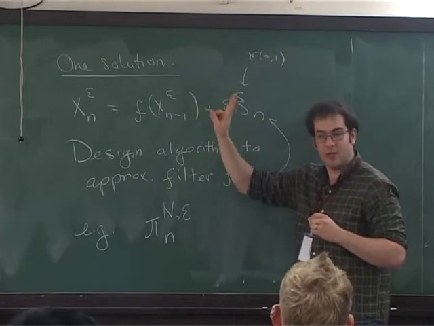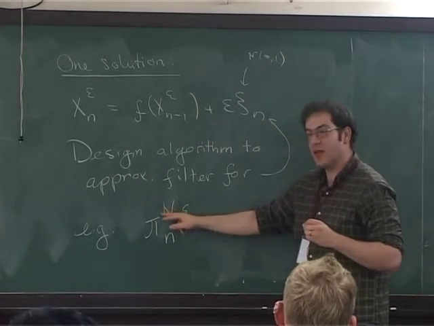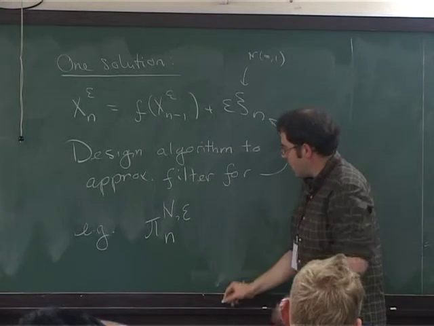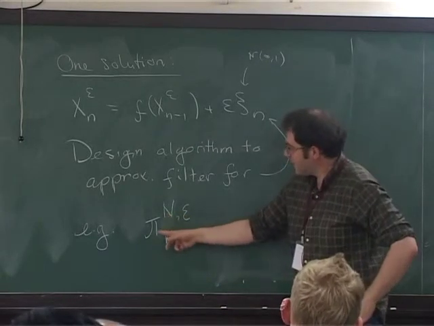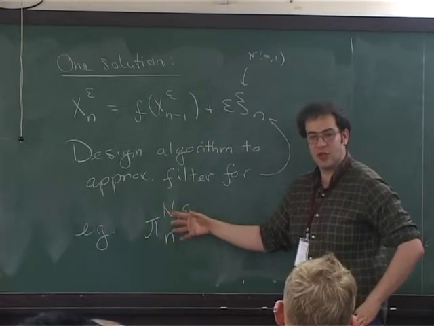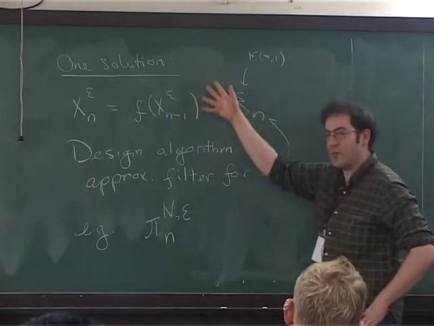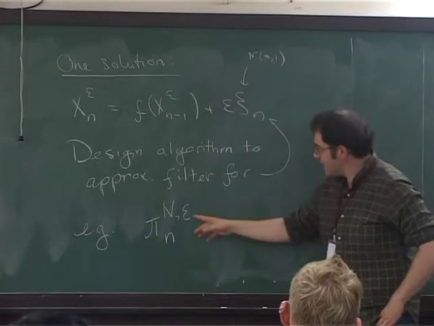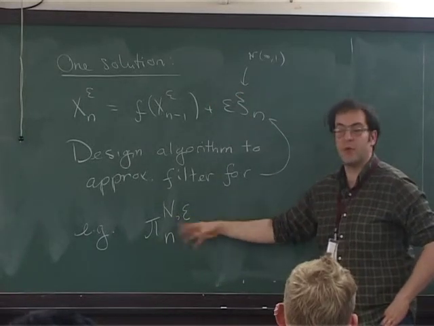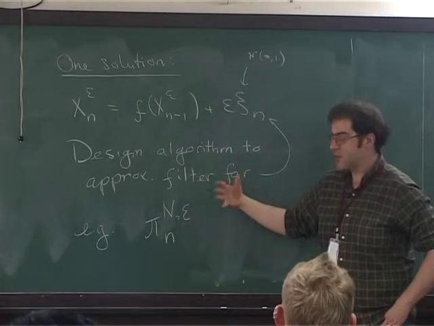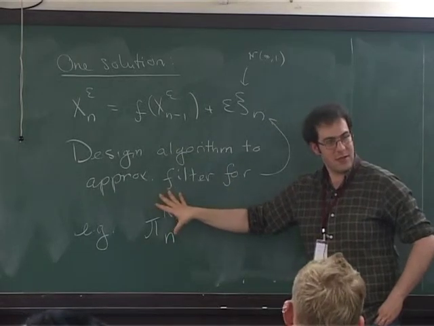So I have two approximation parameters, epsilon and the number of particles. If the number of particles goes to infinity, then this particle filter will converge not to the filter for the true model, but to the filter for the wrong model. And if I let epsilon go to 0, then it will converge to the particle filter for the true model, right? So is this clear?